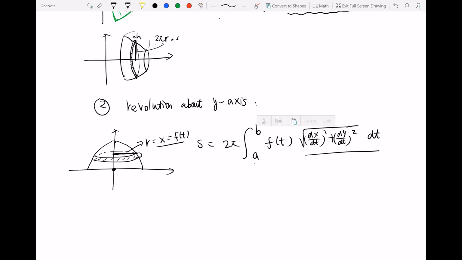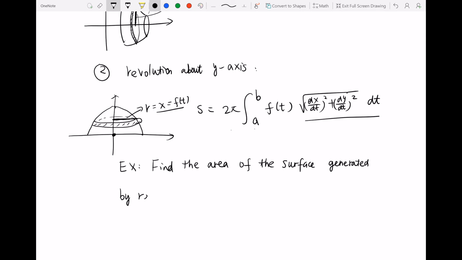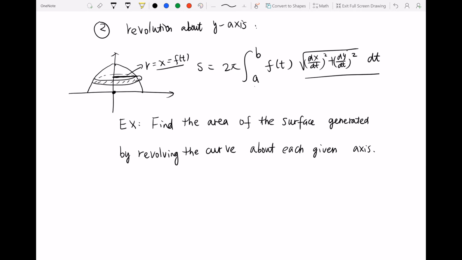Find the area of the surface generated by revolving the curve about each given axis, either the x-axis or the y-axis.